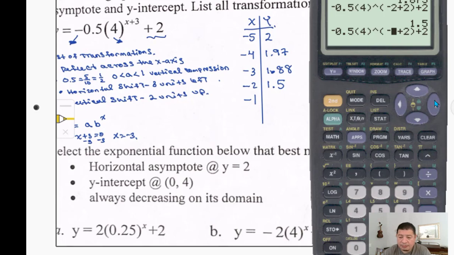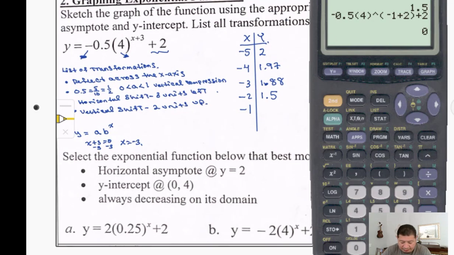So now let's do -1. And I ended up with 0. And you guys can go ahead and add as many points as you would like to add.